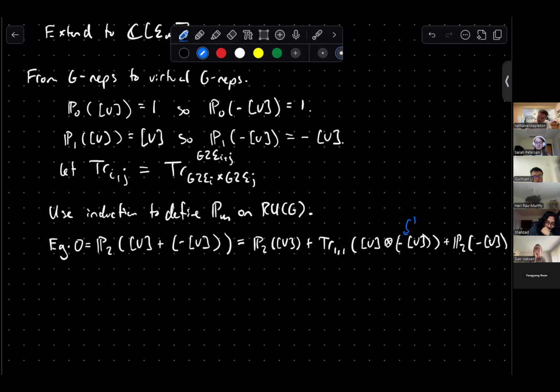So this actually pulls out of the box times and out of the transfer. And so that's the thing that saves the day.